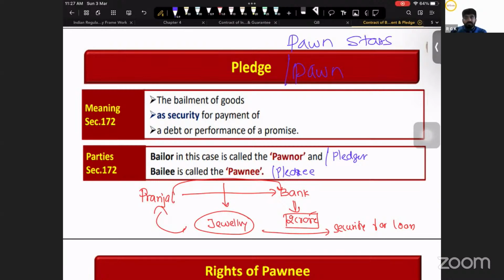Second was guarantee: principal debtor, creditor, surety. Then we discussed bailment: bailer and bailee. Now we are discussing pledge: pawner and pawnee, or pledger and pledgee. Next, we are going to discuss agency: principal and agent. Like this, in every special contract, we have parties associated with the contract.